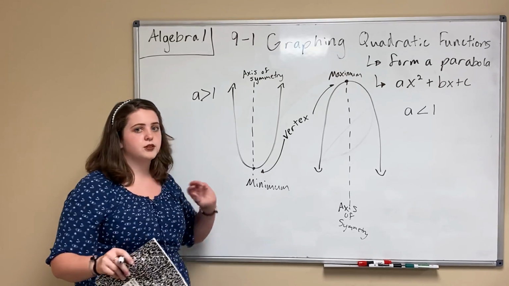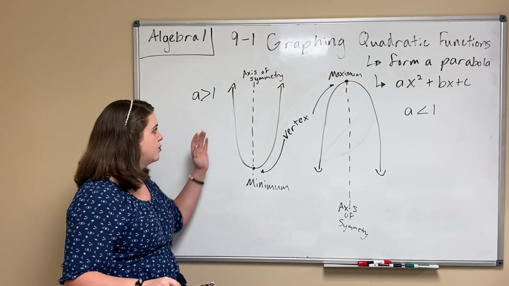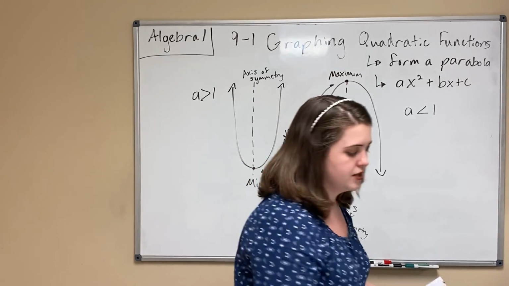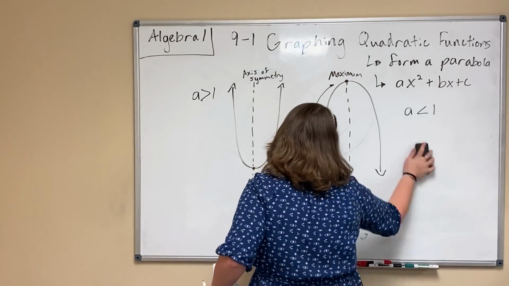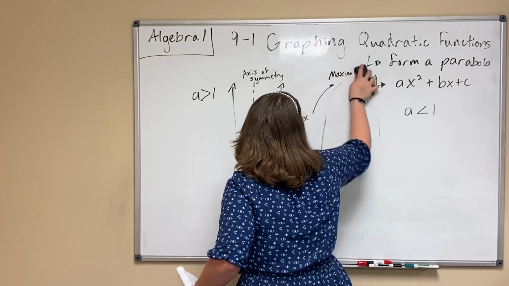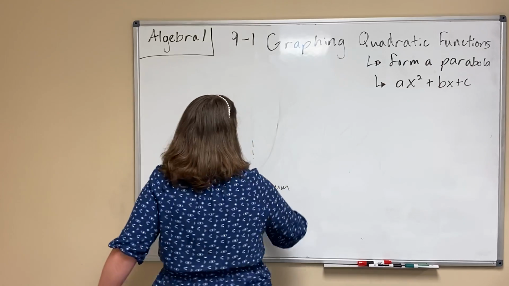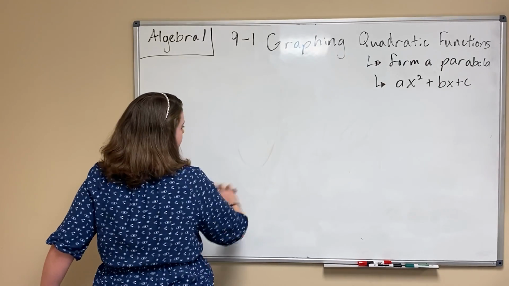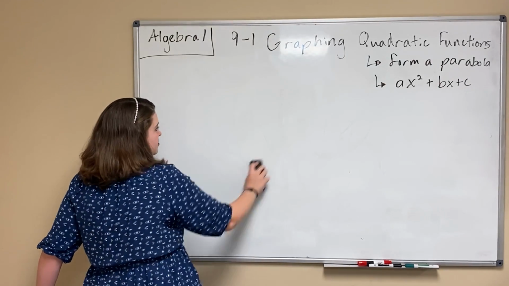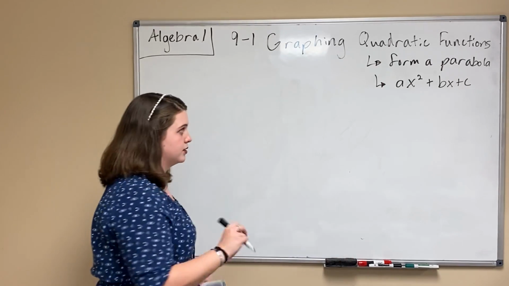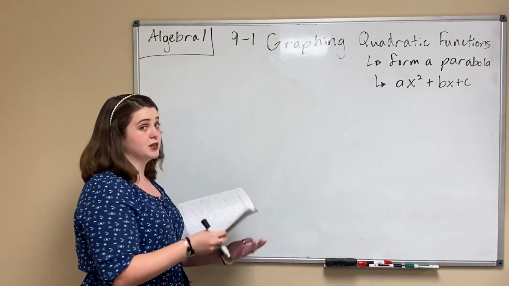Okay, so now we're going to practice graphing one, and then we'll figure out how to find these points on our graph. So let me erase this. Like I said, every quadratic, in order for it to make a parabola, has to be in the quadratic form, which means it's going to look like ax squared plus bx plus c.